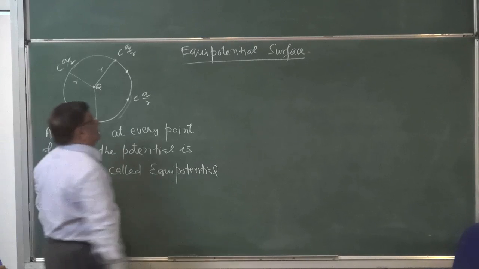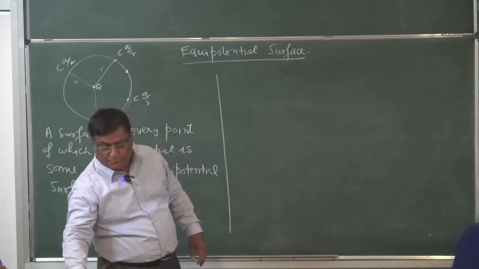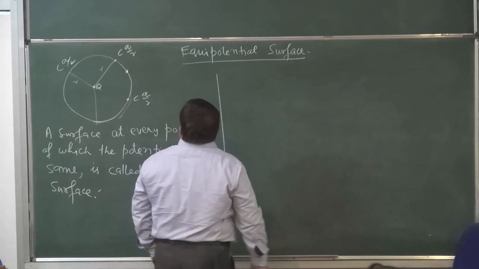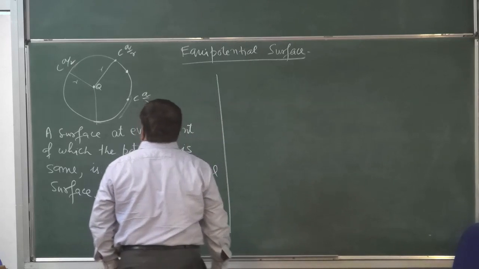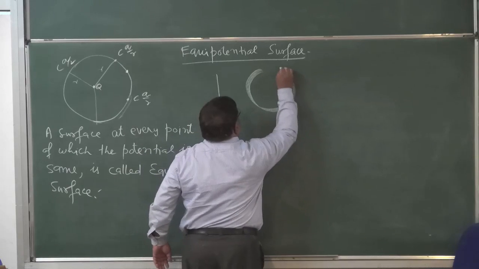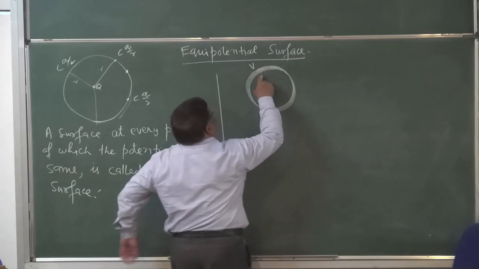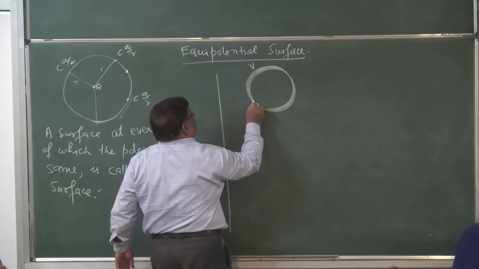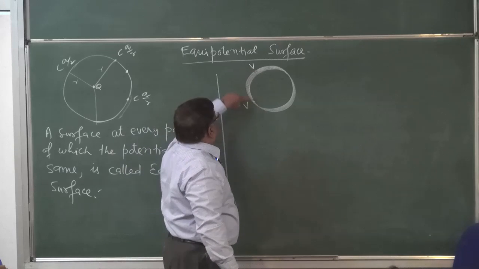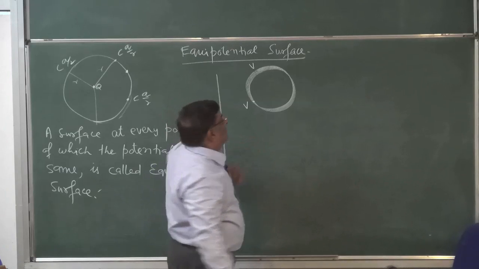This is an equipotential surface. Here the potential is V, here also the potential is V. If I bring a charge from this point to this point, how much work has to be done?